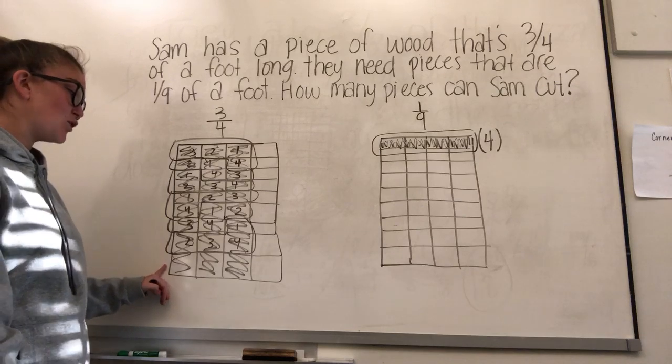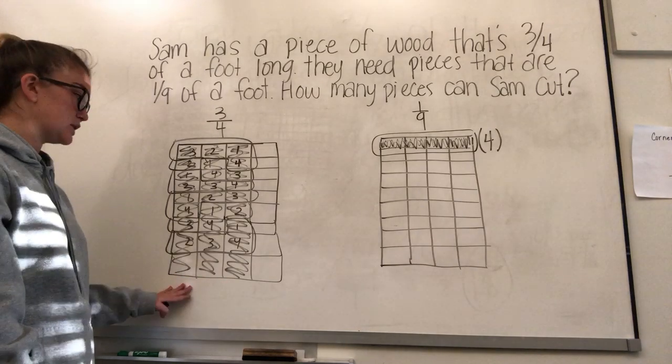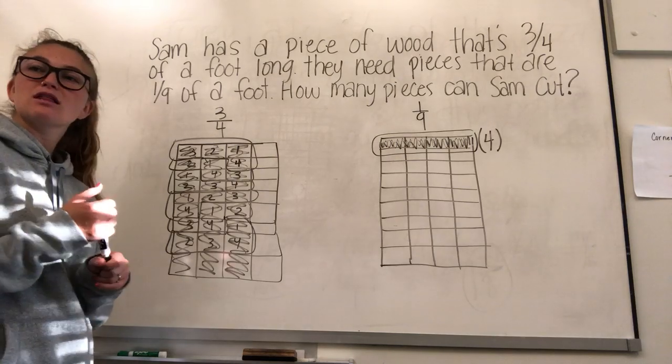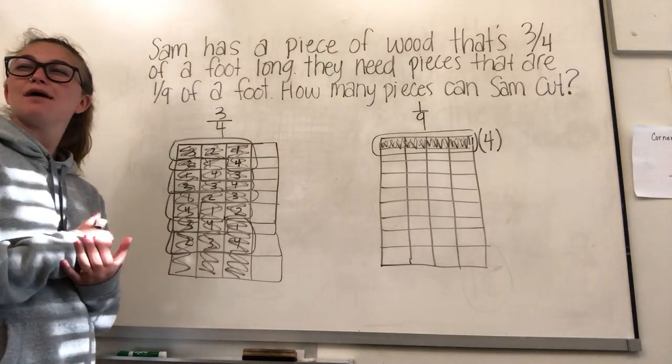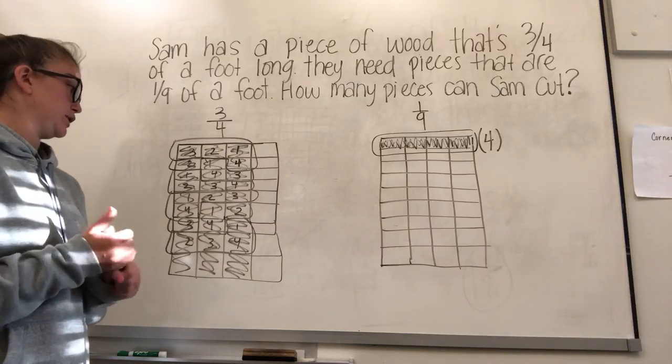Oh, and now I don't have 4 that I can fill in, so I'm going to leave these last 3 boxes here. Does everyone understand it? Show me your whiteboards. Does everyone get that? Good. Looks like everyone did this correctly with their partner.